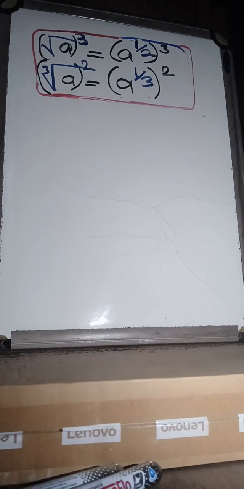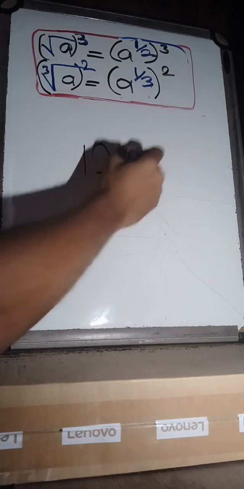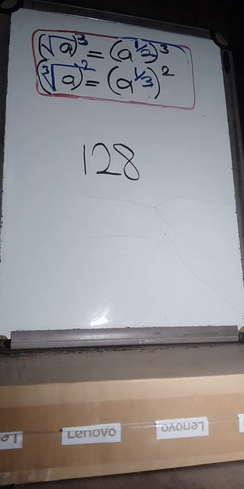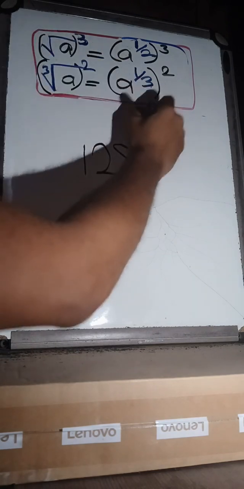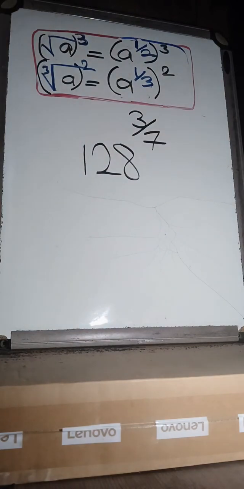So for example, what if you were given, alright, I'm going to be ridiculous. What if you are given 128 raised to the 3/7?